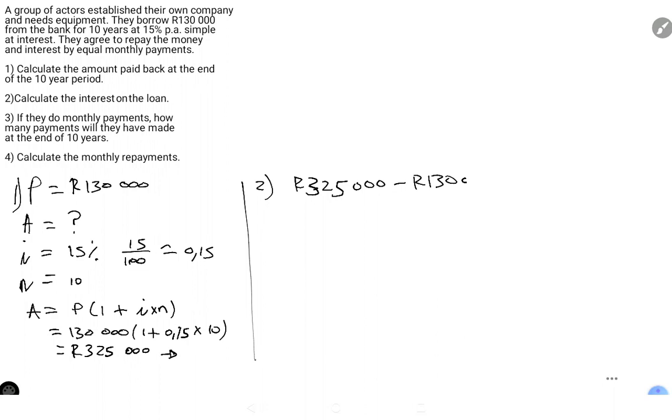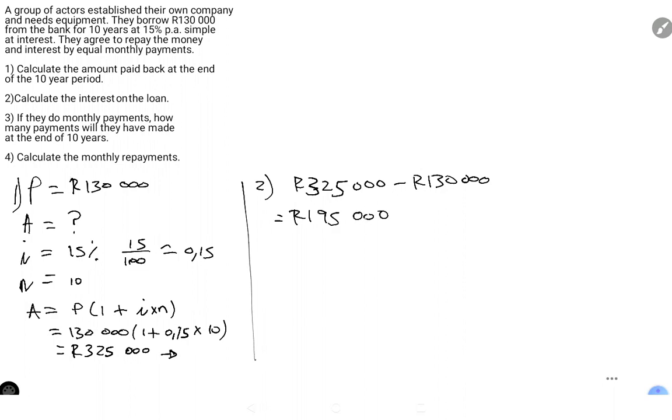130,000. And so use a calculator for that. 325,000 minus 130,000. That gives us a difference of 195,000.